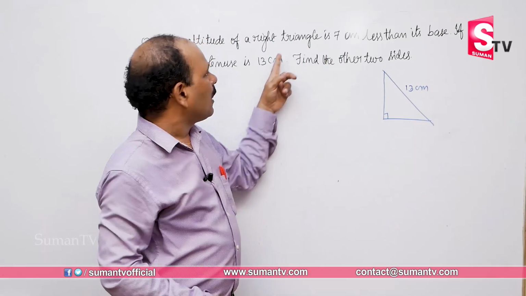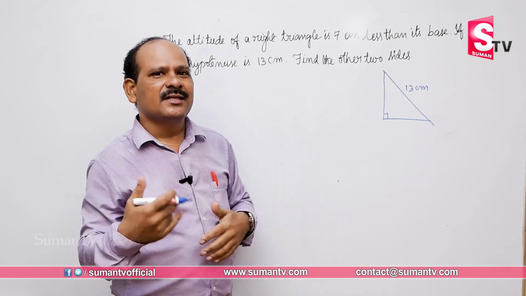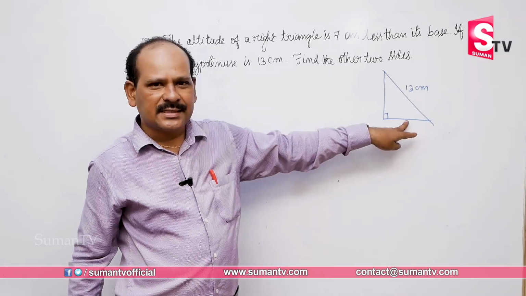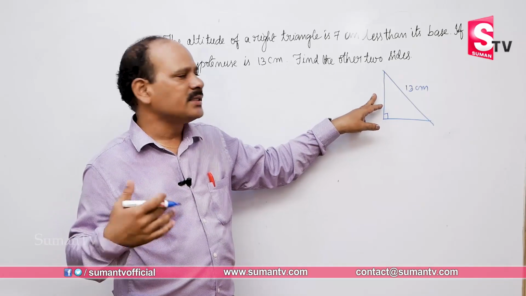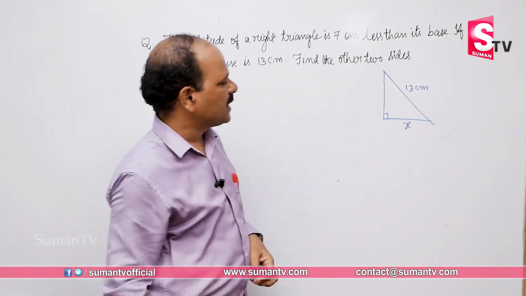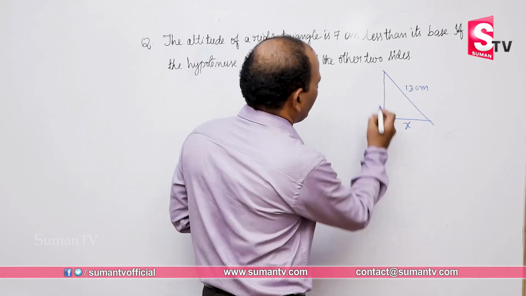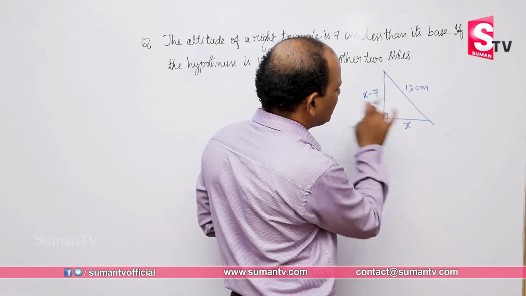And the altitude is 7 centimeters less than its base. If I assume base as x, then the altitude is 7 centimeters less, so it is x minus 7. The altitude means the height of the triangle.